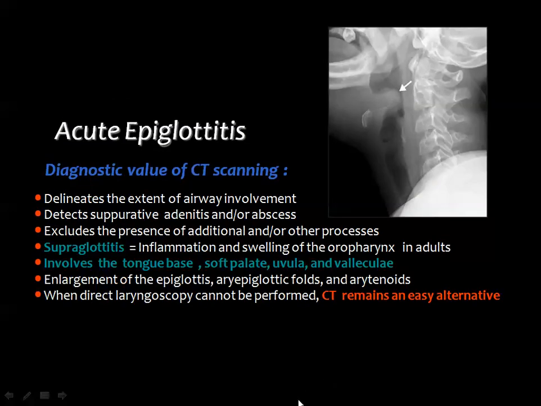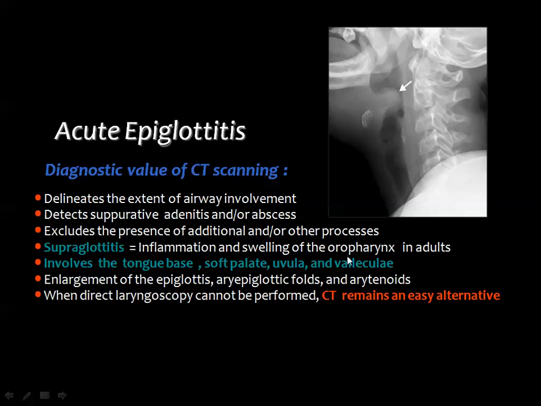The diagnosis of epiglottitis is usually easy clinically, and it may not need the help of imaging, but the plain film can show the swollen epiglottis, which is compromising the airway.